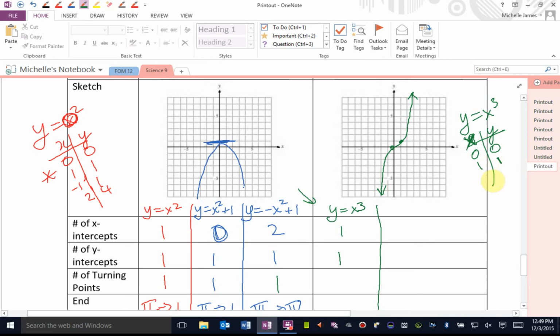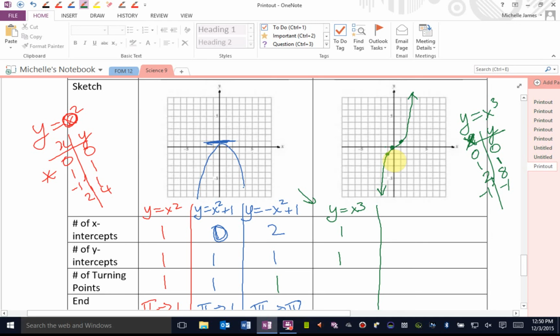What's another ordered pair? 2 and 8. So you could kind of draw it over 2, up 8. Can I go back 1? Negative 1? What would negative 1 match up with? Yeah, it would, because negative 1 cubed is negative 1. Negative 2, negative 8, etc.